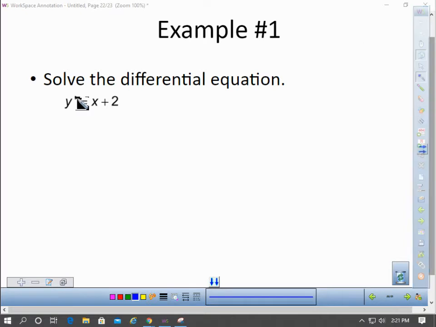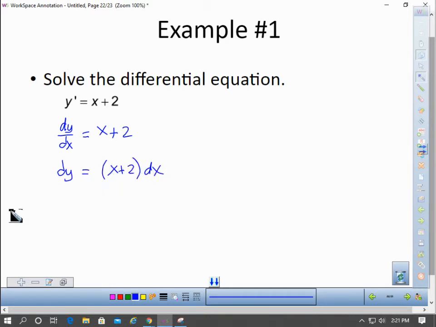Solve the differential equation. So first thing I'm going to do is replace the y prime with dy/dx. And then I'm going to multiply the dx over. All right, and you don't have to put this in parentheses, but you can. So now that I've got the y's on the left, the x's on the right, I'm going to integrate both sides.